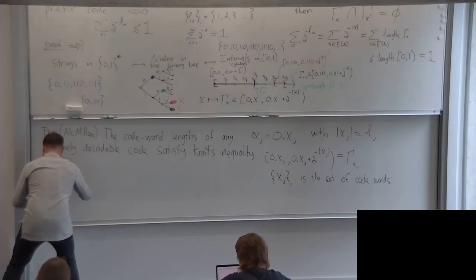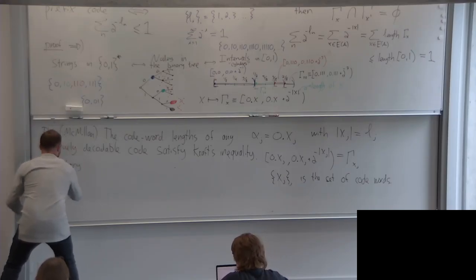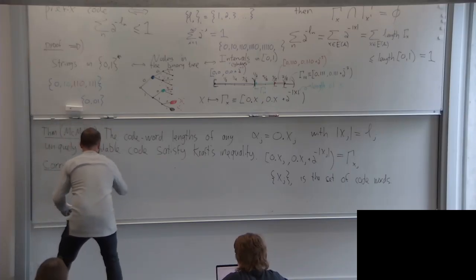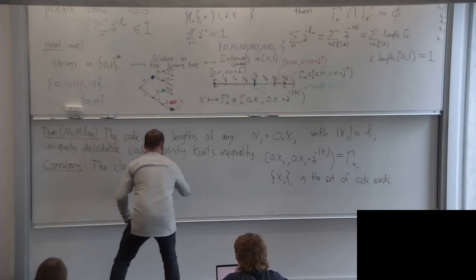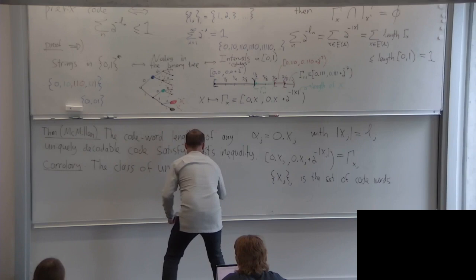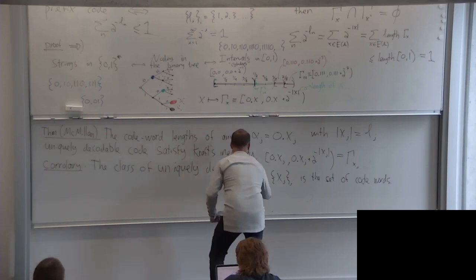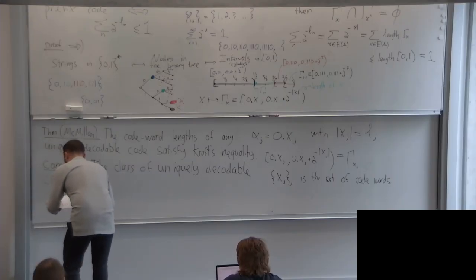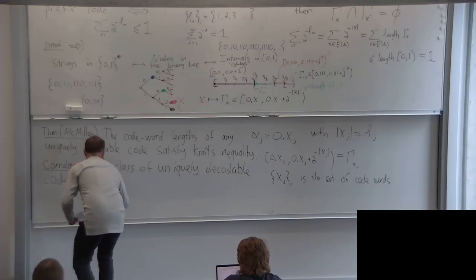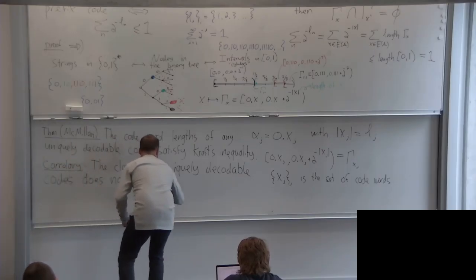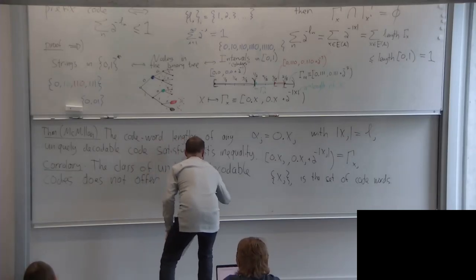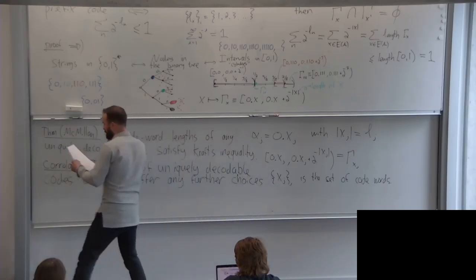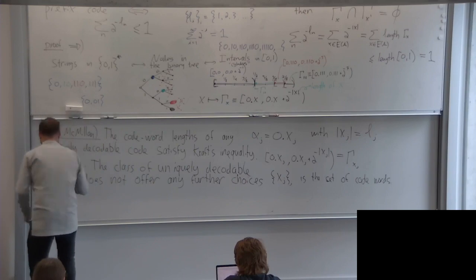Corollary: the class of uniquely decodable codes does not offer any further choices for the set of code word lengths.